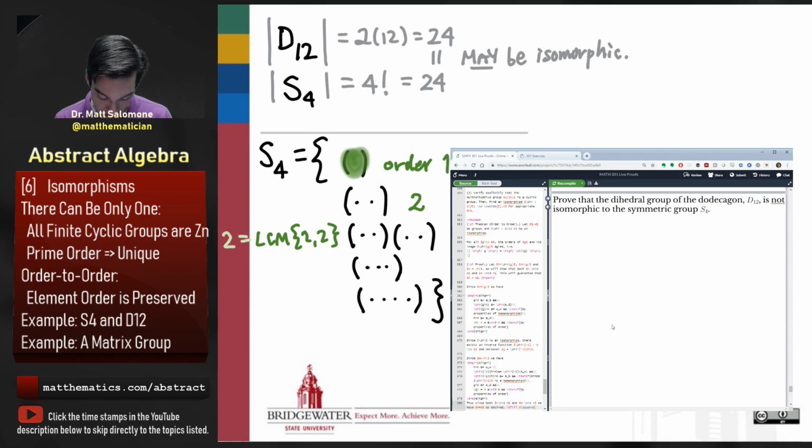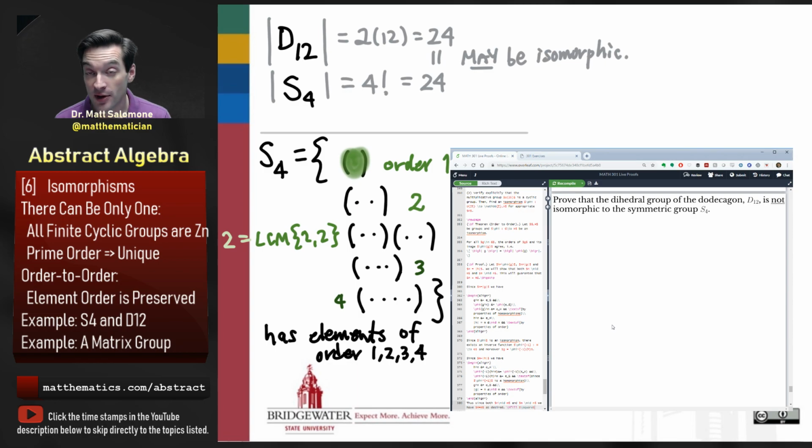And then we're going to have order 3 for my 3 cycle, and we're going to have order 4 for my 4 cycle. And so my group S4 has elements of order 1, 2, 3, and 4. Only 1, 2, 3, and 4. That's the power of this analysis that we just did, that we can only really do for sure for the symmetric group once we know what all the cycle types are. 1, 2, 3, and 4 are the only natural numbers that arise as the orders of elements in the group S4.